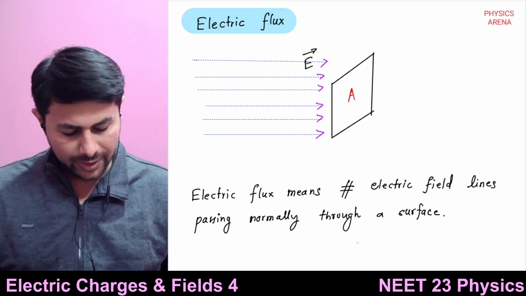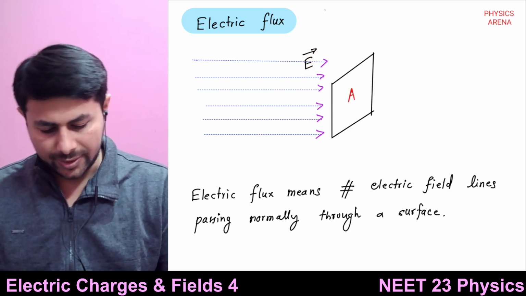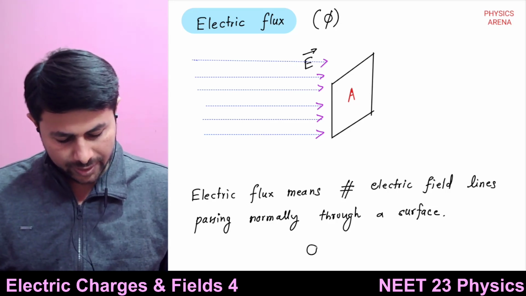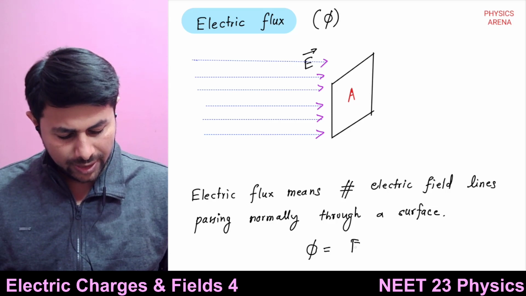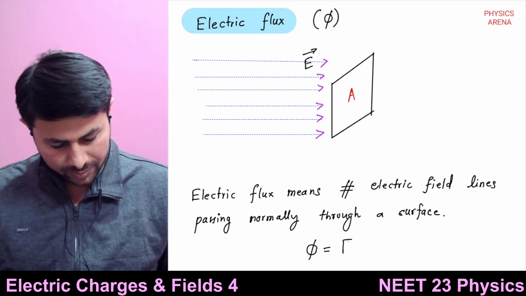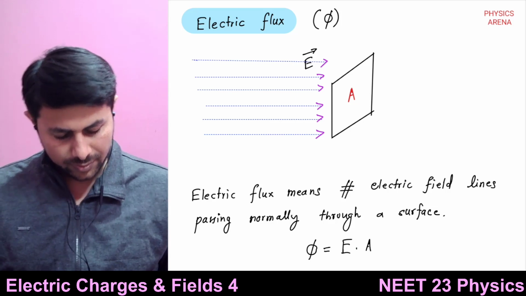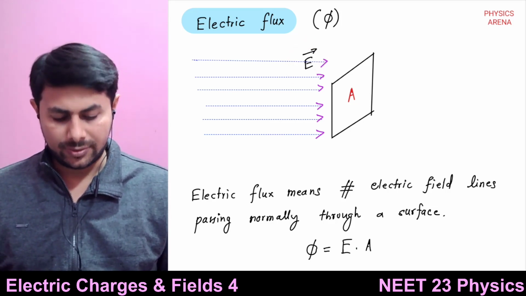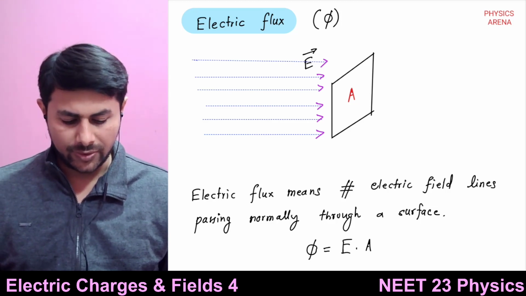So electric flux will be denoted by the letter phi. Phi is equal to E multiplied by area. Now see, electric field is a vector quantity.